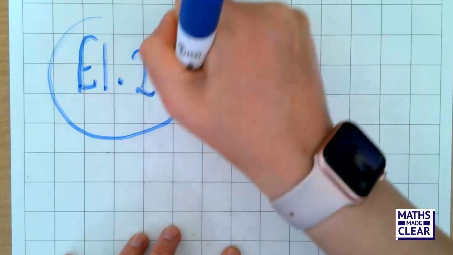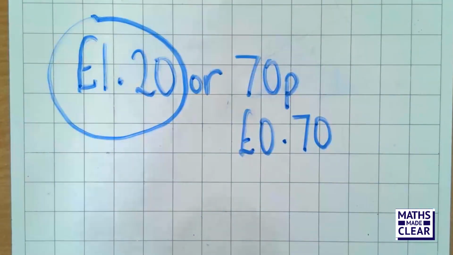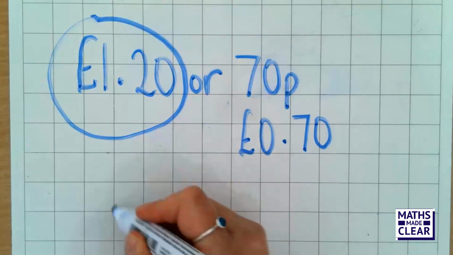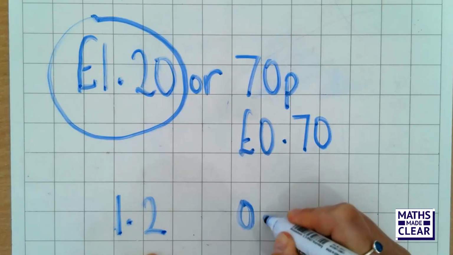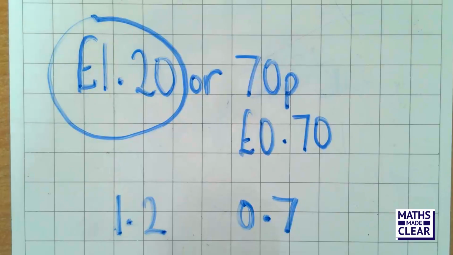So here we can easily see that £1.20 is bigger than 70p, or 1.2 is bigger than 0.7. The part after the dot, the decimal point, is also called the decimal part. With money, it's pence, this part. So 32p can be written as 0.32 pounds instead of 32p.